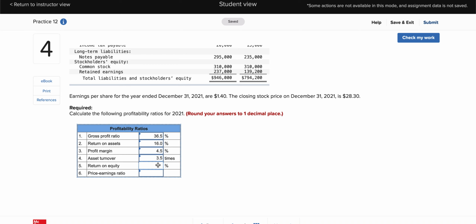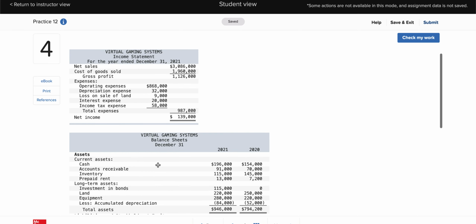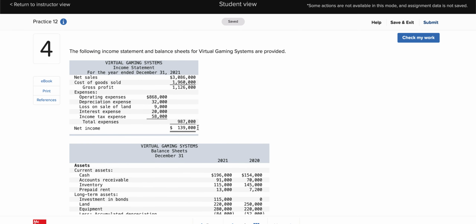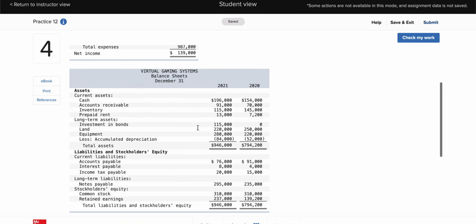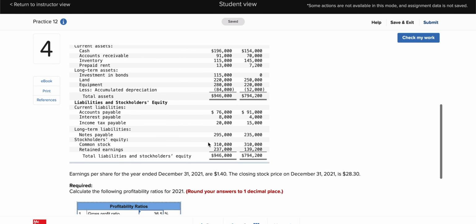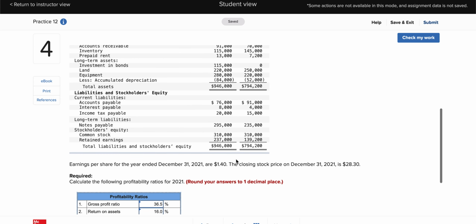Return on the equity, I am going to take the 139,000 net income, and I want to now take a look at my equity in the company, which is the 547. Where'd you go? Oh, here we go. We want to take the 547 here plus the 449,200.